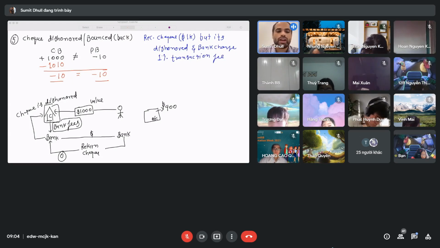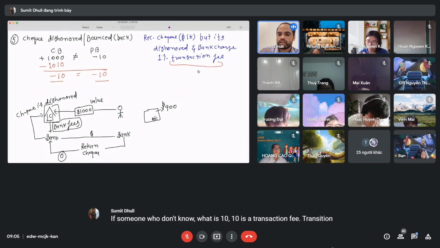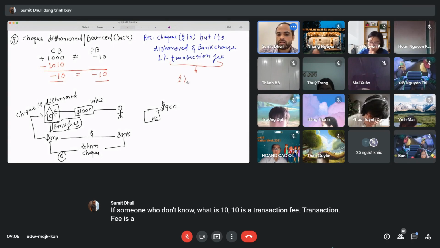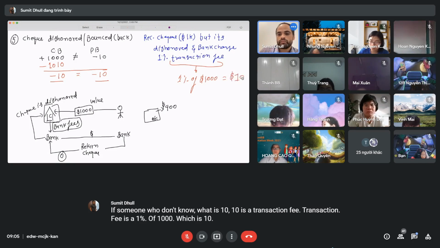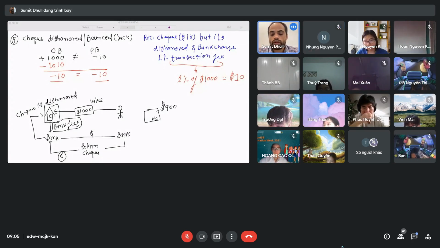For someone who doesn't know what the 10 is, 10 is a transaction fee. Transaction fee is 1% of 1,000, which is 10. All right. So everybody okay with it?